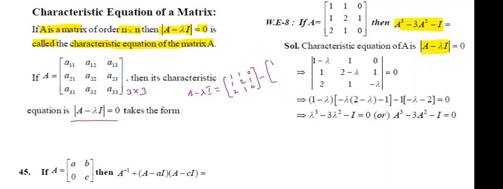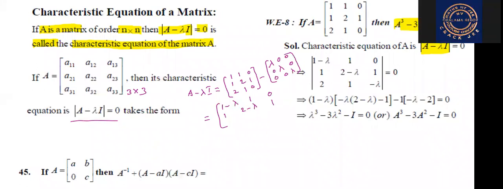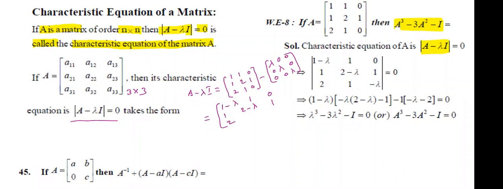Multiply with lambda and you get lambda, 0, 0; 0, lambda, 0; 0, 0, lambda. Now subtract these two matrices and we get 1 minus lambda, 1, 0; 1, 2 minus lambda, 1; 2, 1, 0 minus lambda. This is A minus lambda I.